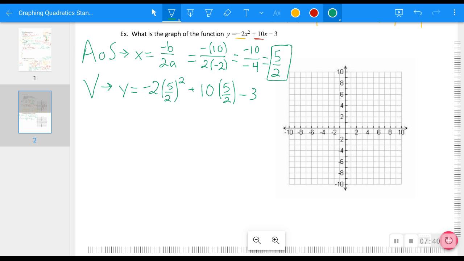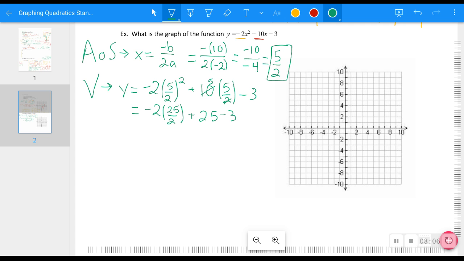So if we simplify that, we'll get negative 2 times 25 over 2 plus the 10 and the 2 will cancel. So we can make that 10 to 5 if we divide both of them by 2. So then we'll get plus 25 minus 3.